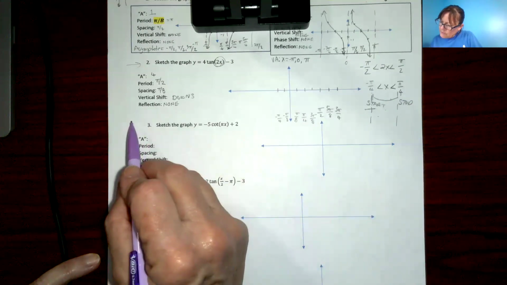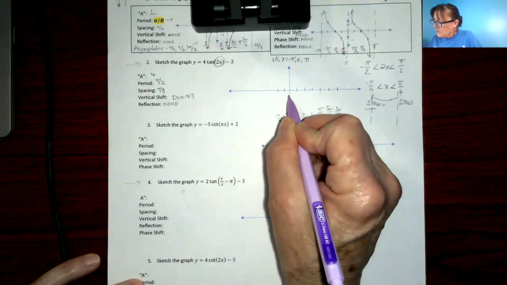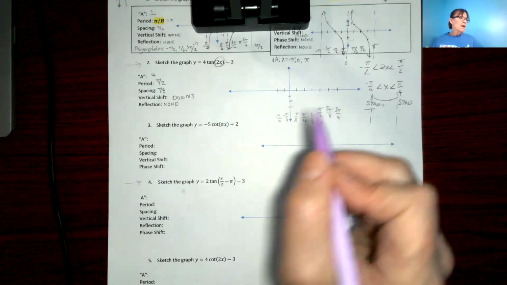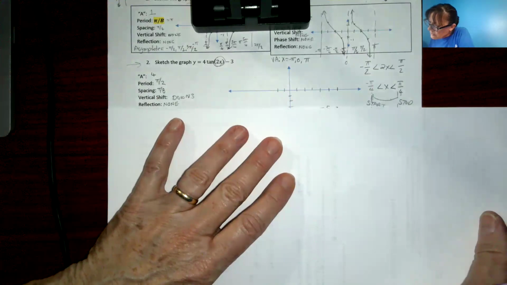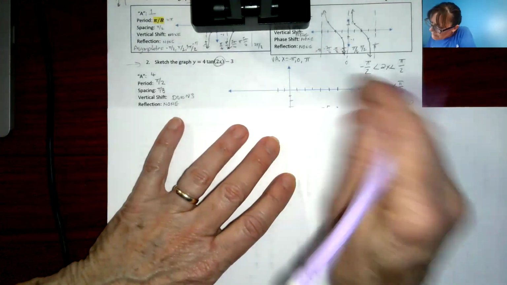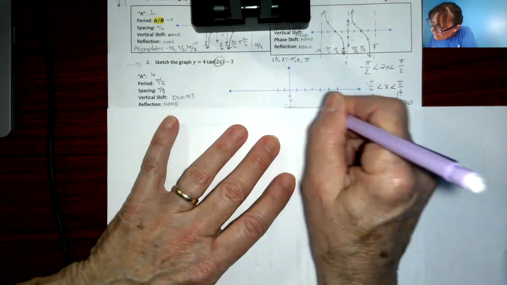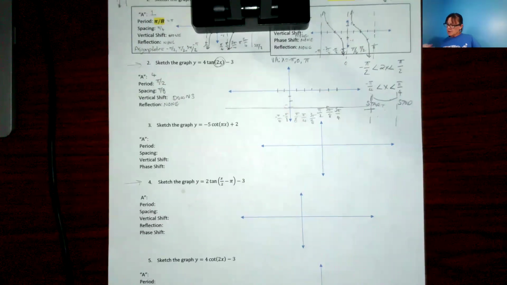Now, we are going to shift down 3. So we're going to go down 1, 2, 3. So this is my new vertical middle, or kind of the midline. It's my new x-axis, basically the middle.